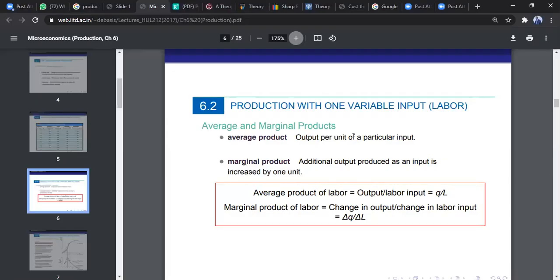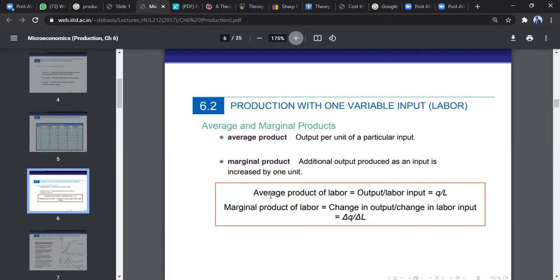So average product of labor is simply the total product divided by the labor unit. The marginal product of labor is simply the additional unit that we have produced due to an increase in an input use.